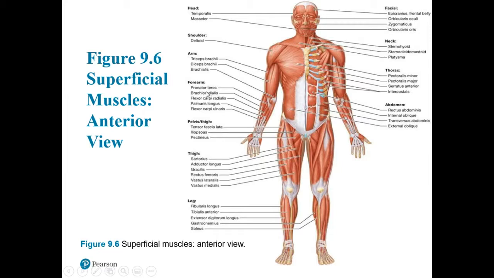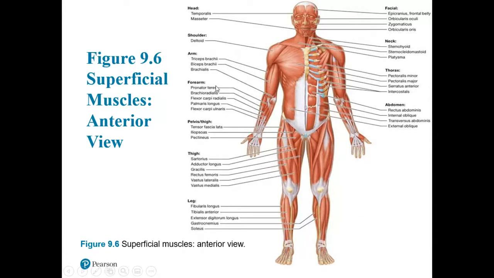Now the forearm has a few major superficial muscles that you should be able to feel. So pronator teres, for example, allows you to pronate your palm. If you're using anatomical position, just like this dude right here, pronation is the action of turning that palm to the back. So if you do that, you pronate.